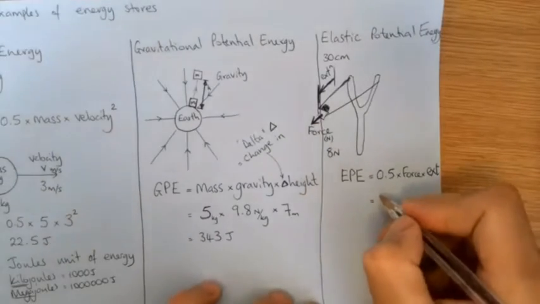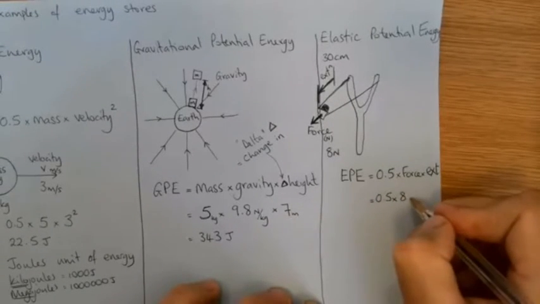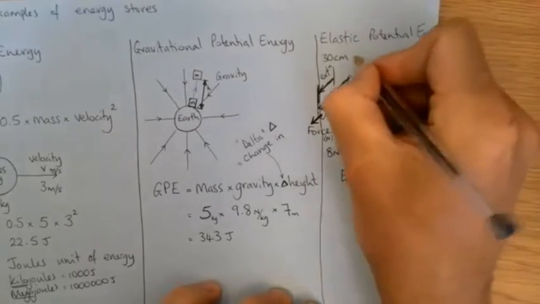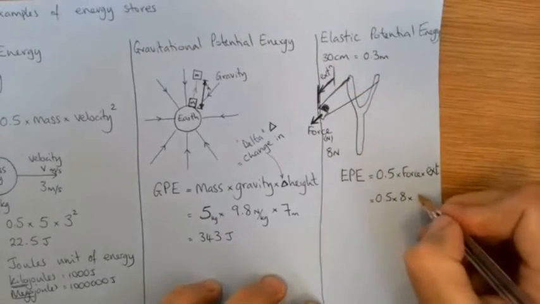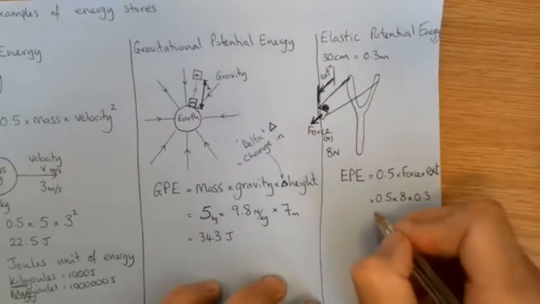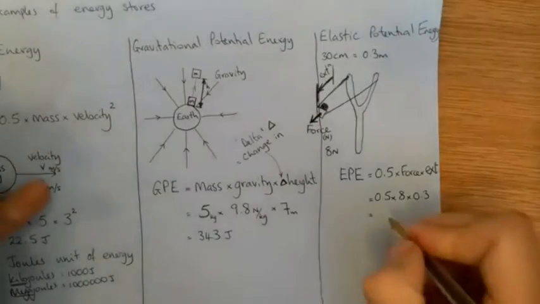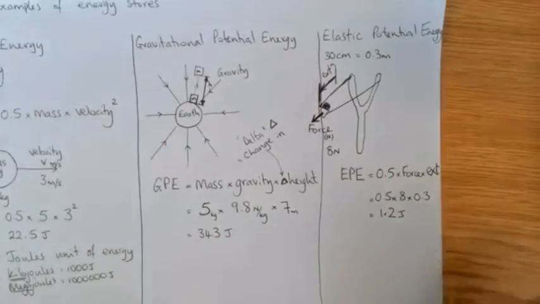We can just put that through our calculator, so we do 0.5 multiplied by 8 multiplied by, now then, centimeters, so I'm going to convert that to 0.3 meters to the base unit. 0.3, whack it through the calculator. It's 1.2 joules.